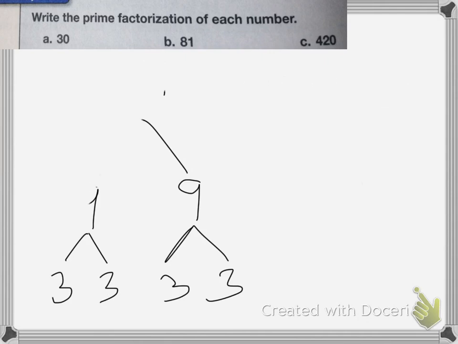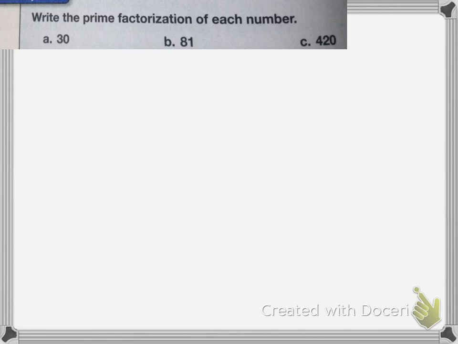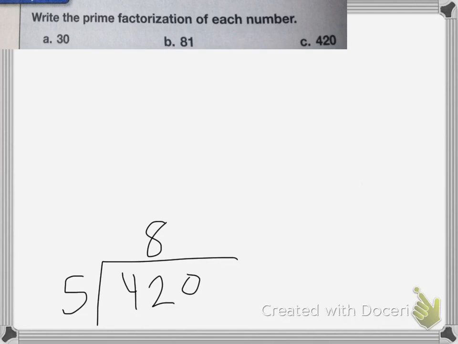Alright, 420, it's a large number, so I'm going to do division by primes. I know that this is an even number. I also know I can divide it by 5. So 5 goes into 42 8 times. That's 40. 2 left over. 5 goes into 20 4 times. Okay, divide it again. And I can divide 84 by 2. 2 goes into 8 4 times. 2 goes into 4 2 times.